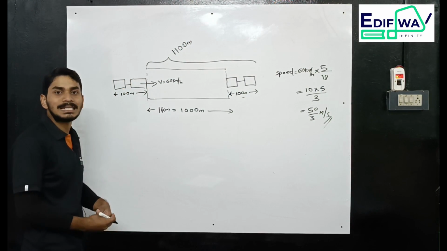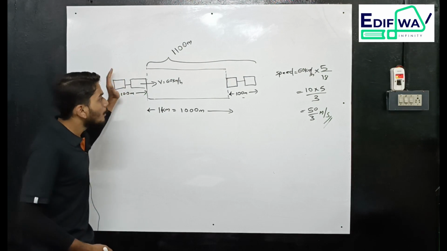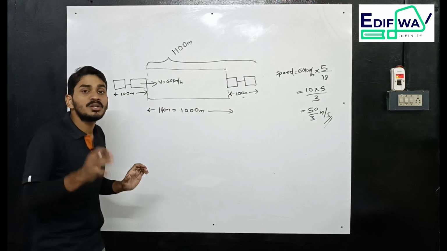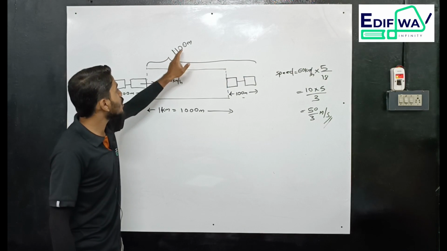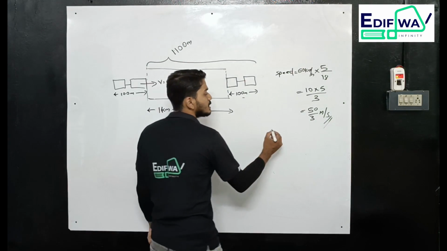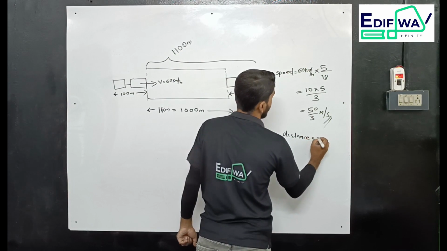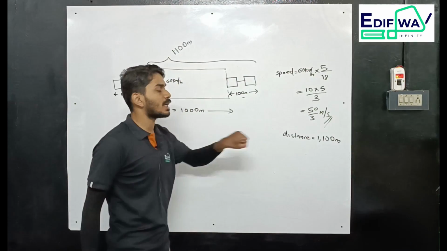I hope you got the concept. So when this train crosses the bridge, the train should cover a distance of 1100 meters. So you write distance 1100 meter.